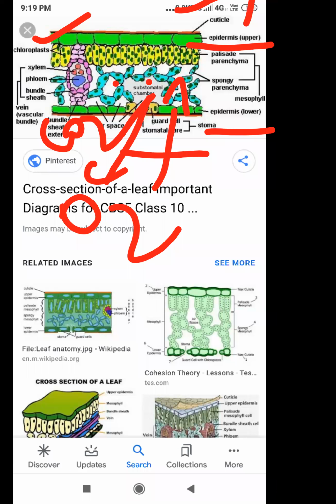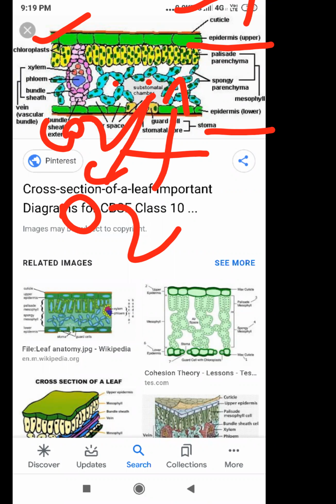Next, at the edge of the mesophyll layer, we have the vascular bundle sheath. In it we have the xylem and phloem. Xylem transports water to different parts of the plant, and phloem transports food materials to different parts of the plant.